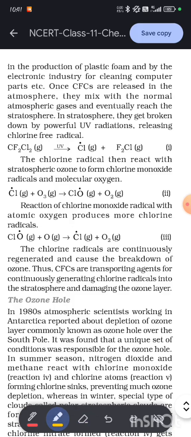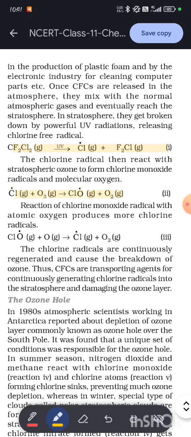Then their reaction is CF2Cl2 in the presence of UV radiation gives Cl plus CF2Cl. The chlorine radical then reacts with stratospheric ozone to form chlorine monoxide radicals and molecular oxygen. The reaction is Cl plus O3 gives ClO plus O2.